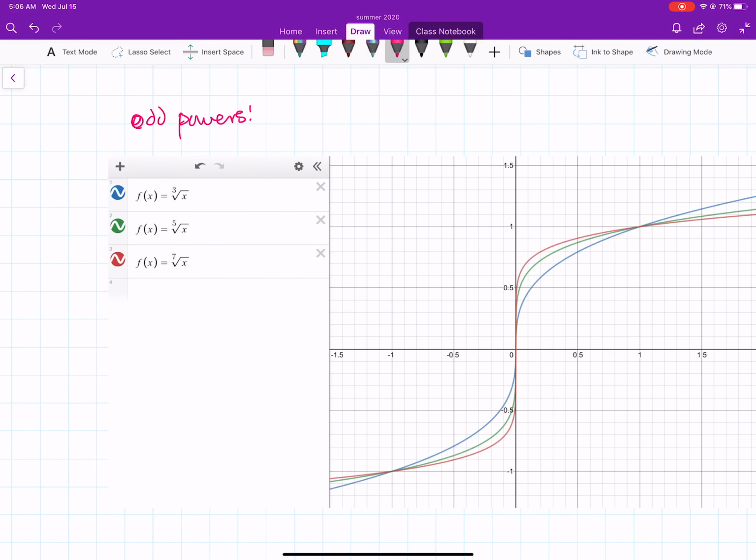It looks like an S, a kind of stretched out S. And then you can see that it's also flattening out at the what? At the y-axis. So the blue one is the first one, and then the higher the power is, the more stretched it looks on the y-axis. But this is the nature of the graph, all right?